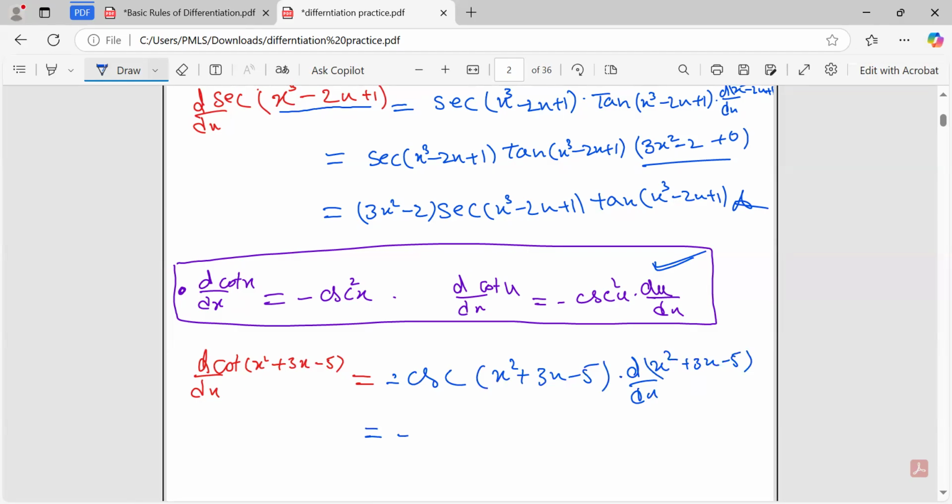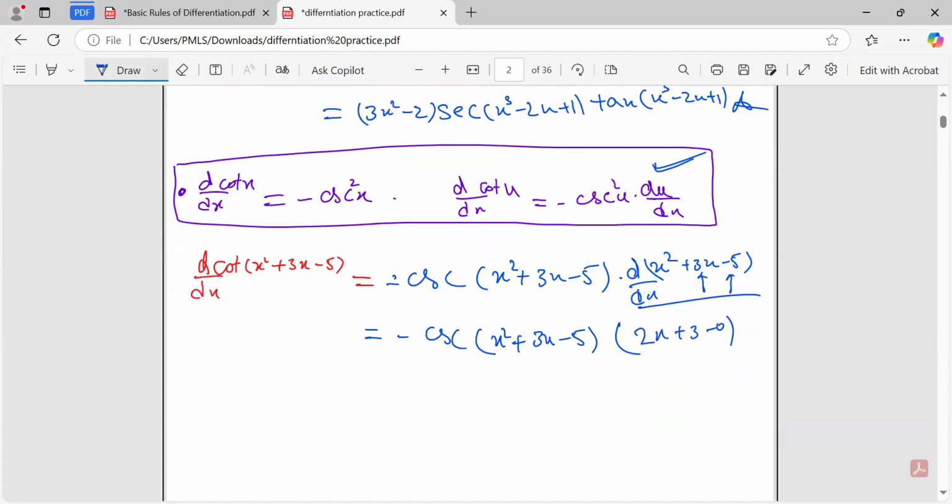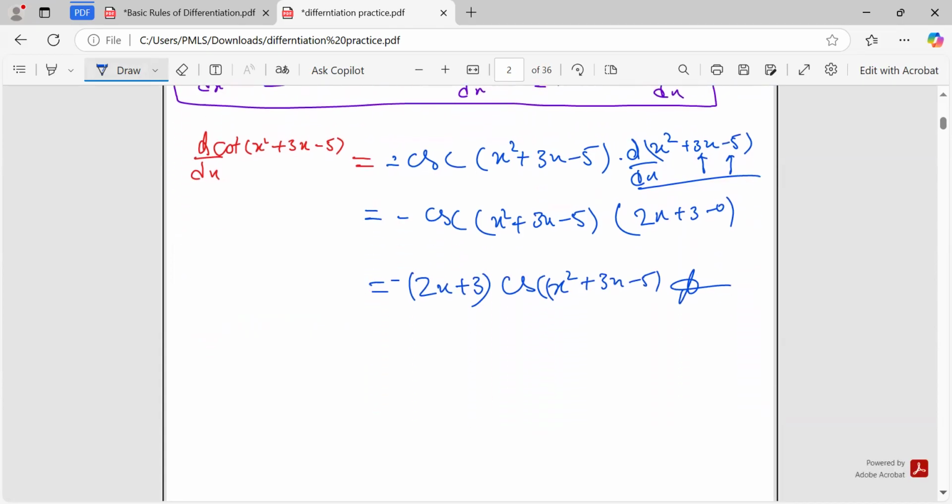So the final answer will be: derivative of x square is 2x, derivative of 3x is 3, derivative of minus 5 is 0. So we write this term first, 2x plus 3. The negative will stay as it is, times cosecant square of x square plus 3x minus 5. So this is the way we find the derivative of the cot function.